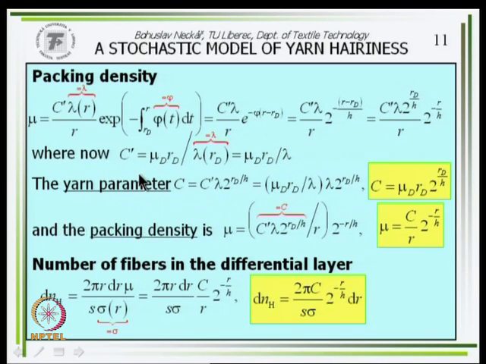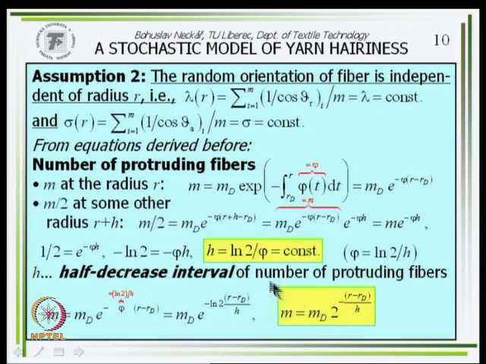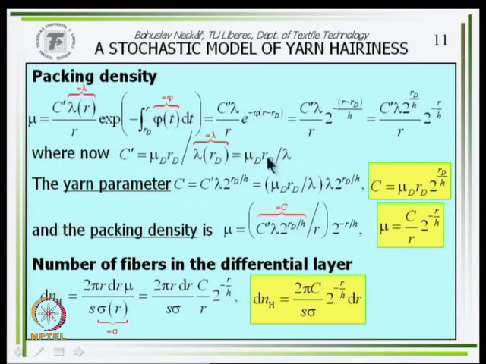Well, how is it now with packing density? For packing density, we derived this formula, this equation, in the general part of our derivation. Now this is constant. We can use it, rearrange, use this in place of phi, and we obtain this expression, where c dash was this here. Now because lambda is constant, it is mu rd by lambda.